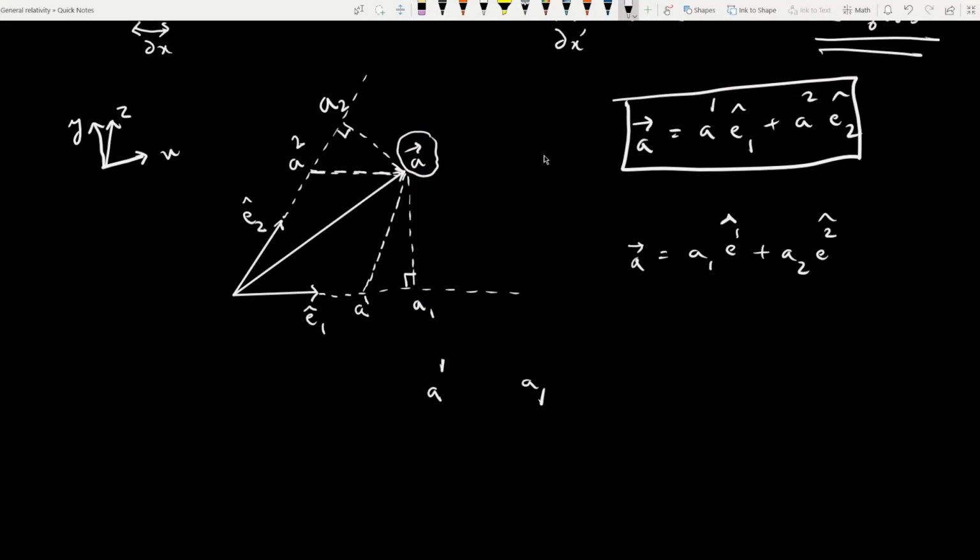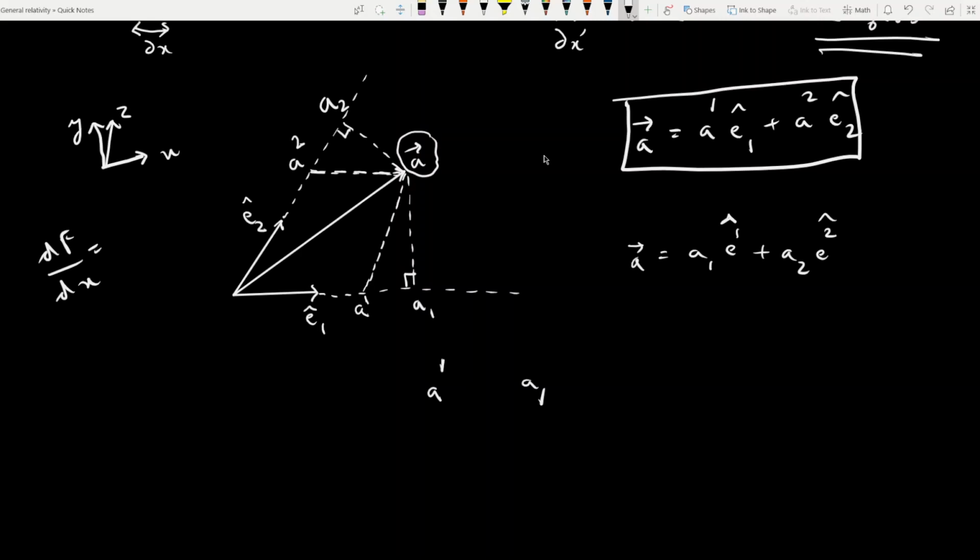But what if A was a gradient vector? For a gradient vector, we would have to project perpendicularly. Why? Because in calculus, we have always done gradient as, let's say, df by dx, right? So this would be the change in f in the vertical direction.